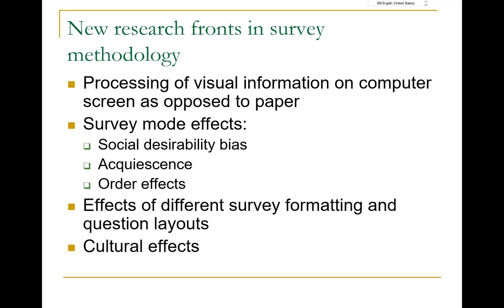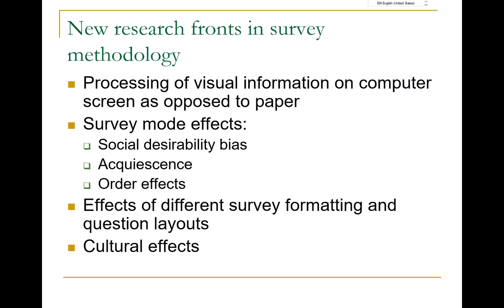New research and survey methodologies increasingly focus on understanding the effects of different survey modes and designs. For example, social desirability bias, which is when respondents answer in a way they think is socially desirable but is not truthful, can vary depending on whether you have an online survey or a face-to-face, interviewer-administered survey.